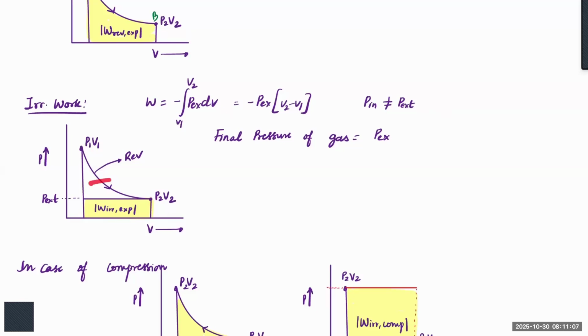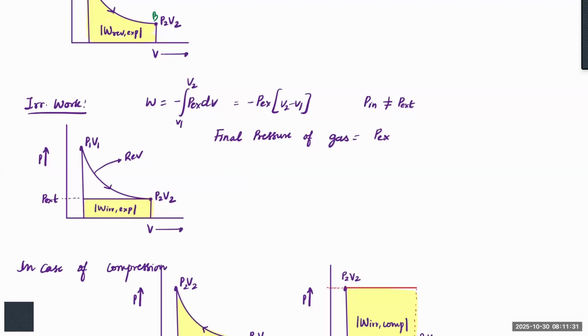For irreversible, there is no graph. But I know that irreversible always ends at a point where the pressure becomes equal. So the final pressure of the gas will always be equal to the external pressure. That external pressure into the change in volume is the irreversible work done. So that is the area under this graph.